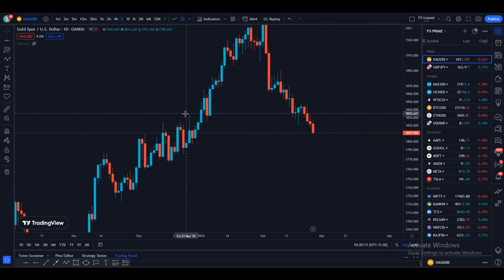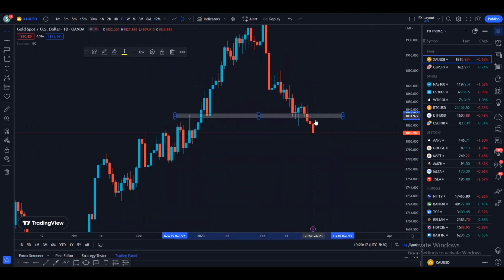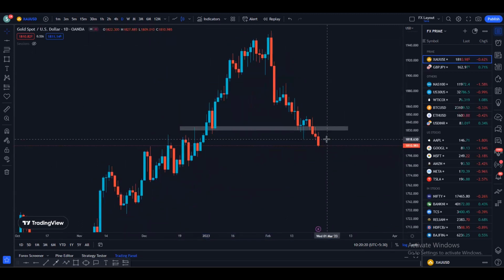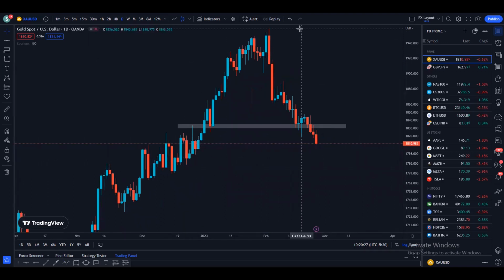Also, we can see that there was a support right here. There was a support, and price broke and closed below the support. If we look for the next support, we have the support right here, we have the support here, we have the support here. So there are a lot of supports that we can see on the left hand side. So the price action is pretty much choppy here, and price can come anywhere.